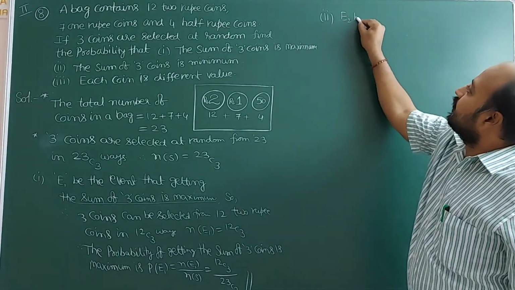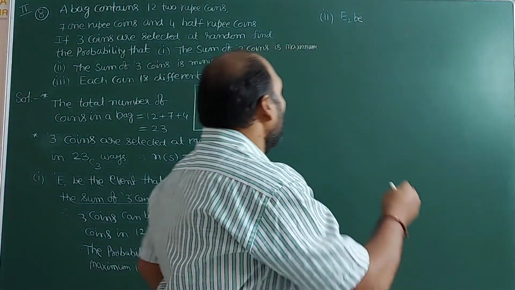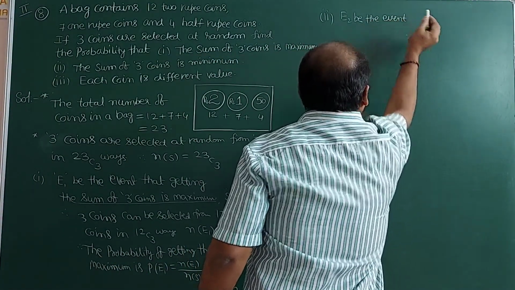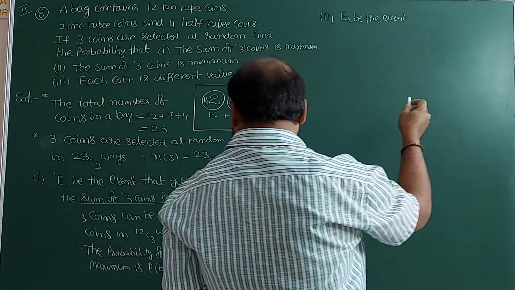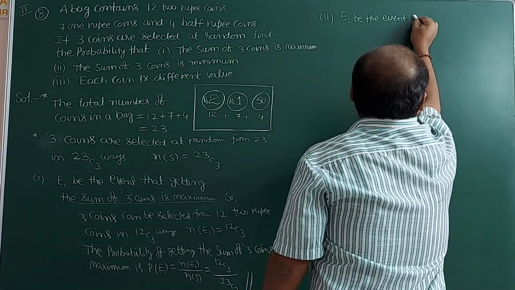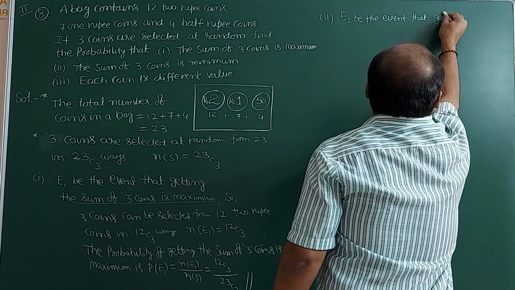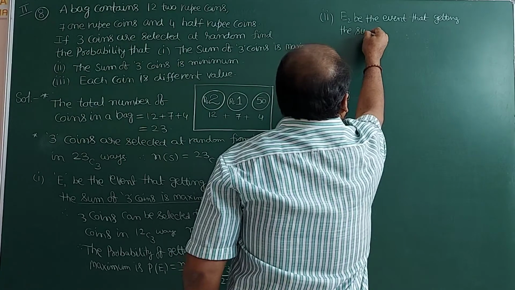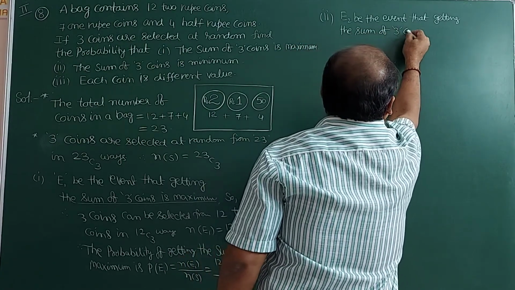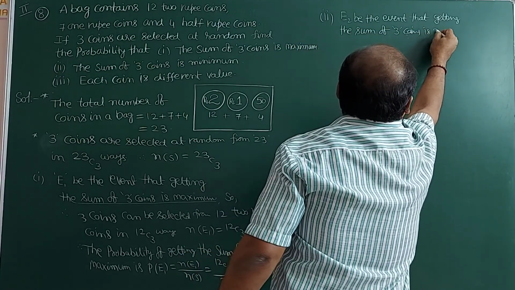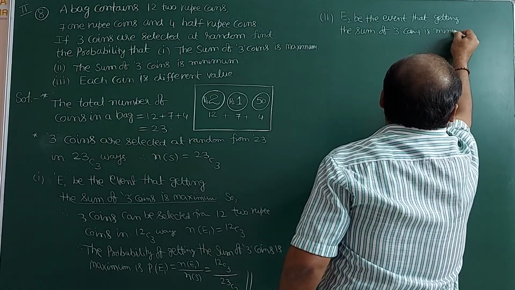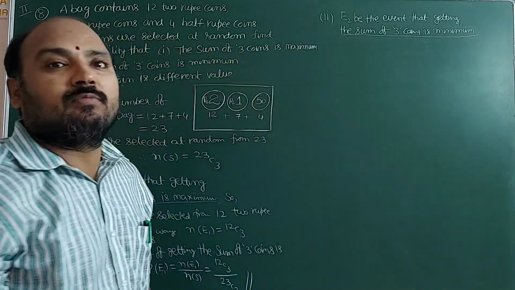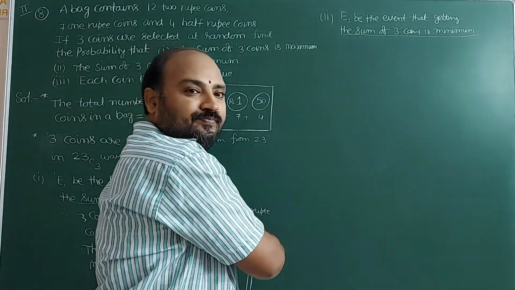E2 be the event that getting the sum of 3 coins is minimum.